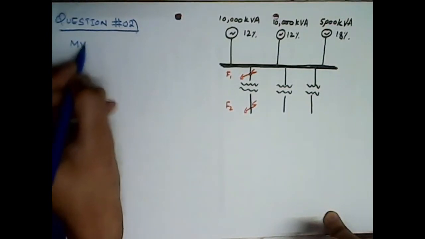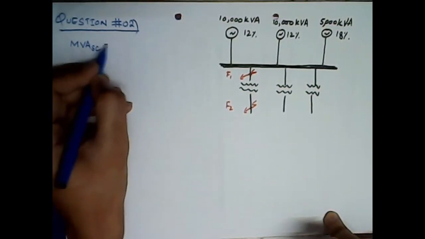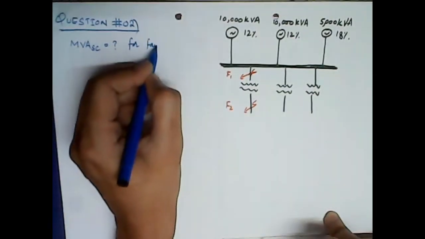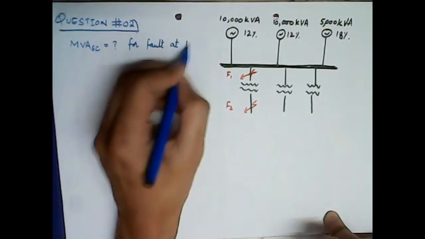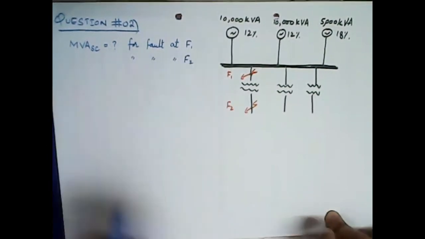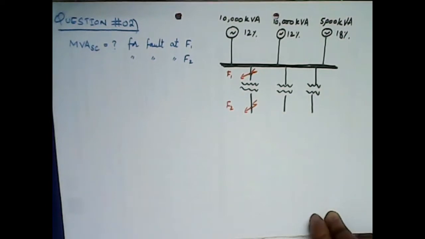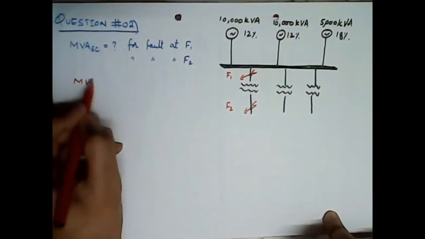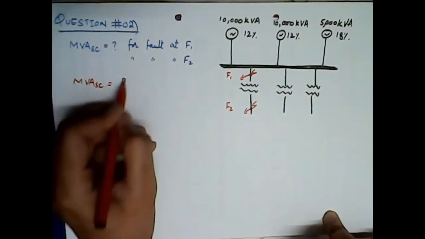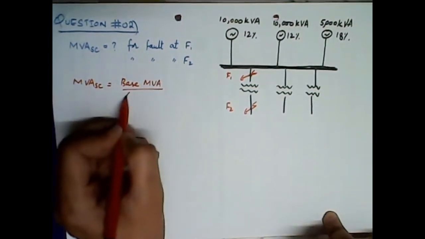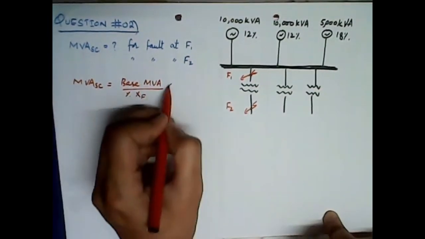We need to find the MVASC for a fault at F1 and for a fault at F2, right? So the formula is, we know that MVASC equals base MVA divided by percentage of XF times 100.